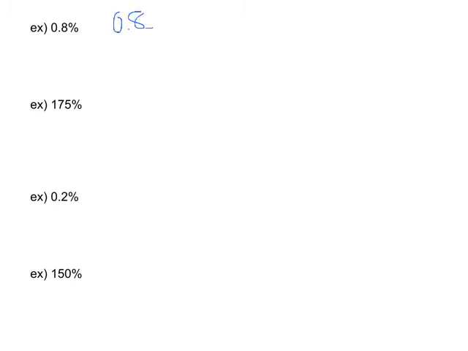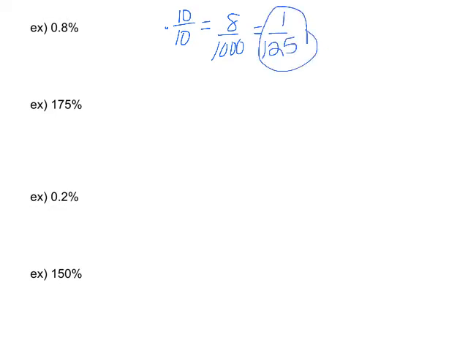To get rid of that decimal, I'm going to multiply by 10, because I just have to move the decimal over 1. Multiplying by 10 is really like multiplying by 1, because it's 10 over 10. And I'm going to get 8 over 1,000, and that's going to simplify to 1 over 125. So my final answer is 1 over 125.